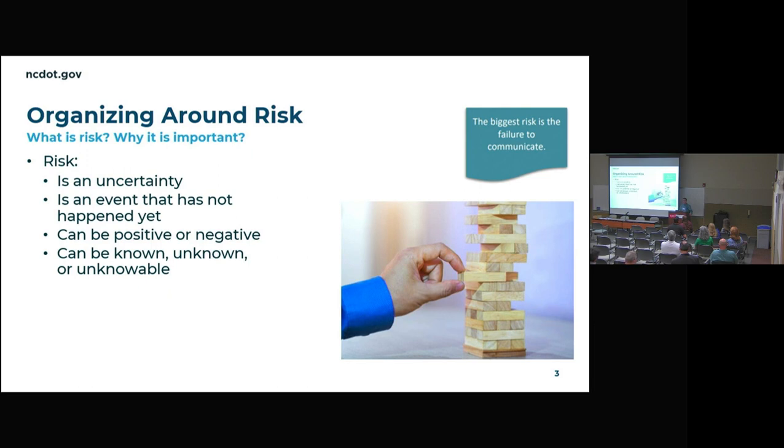Now, this does bring us to an important point when talking about risk. Communication is key. So the biggest risk that we look at is a failure to communicate. If your team is not talking across all the different disciplines, if your stakeholders are not involved in your planning process, whether it's your county, your MPOs, your RPOs, things like that, you're going to have some blind sides that hit you, those unknown risks, right?